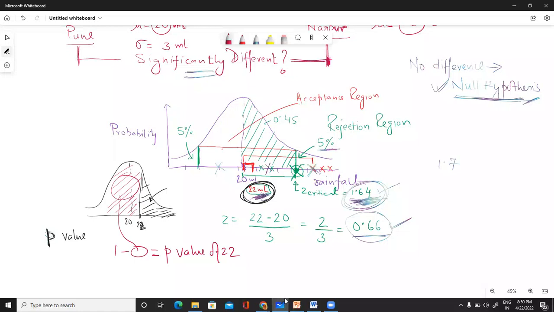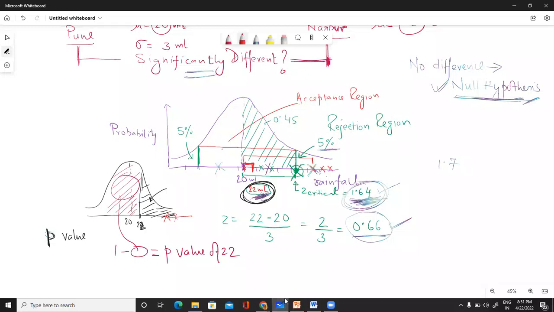So when will the p-value be less? When your new value is very far, somewhere here or somewhere here, then the p-value will be less. So if the p-value is less, will you reject the null hypothesis or accept it?